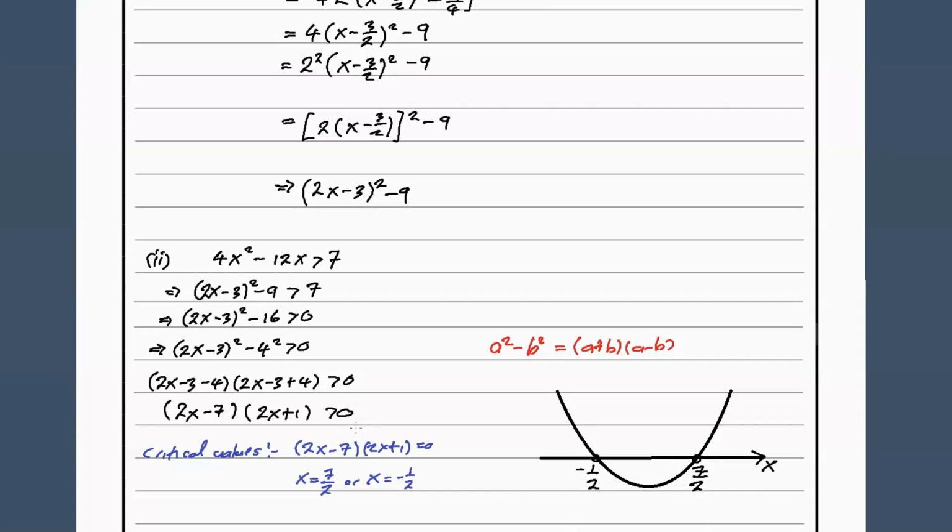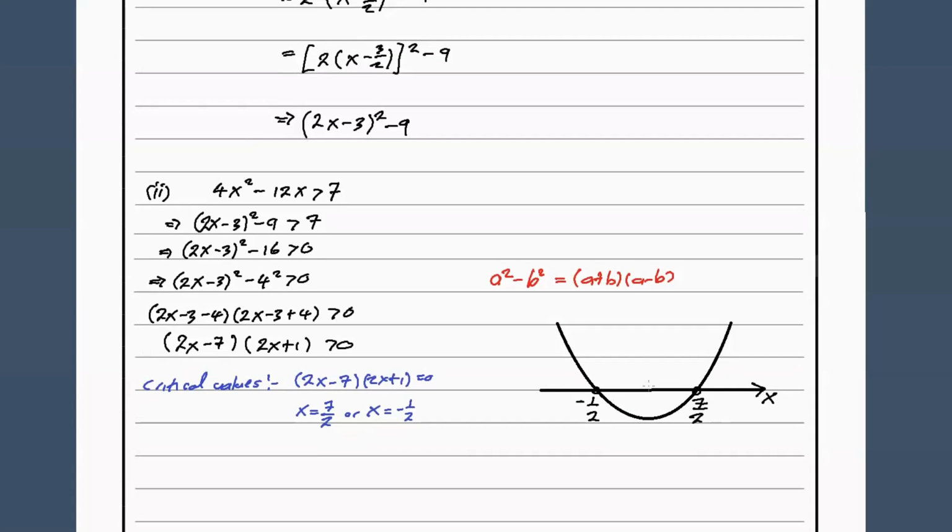Now, greater than 0 means above the x-axis, and is for values of x that are less than minus a half, and values of x that are greater than 7 over 2, that the graph is positive, or that the graph is above the x-axis. So this here is the solution. So that's how we do it right here.